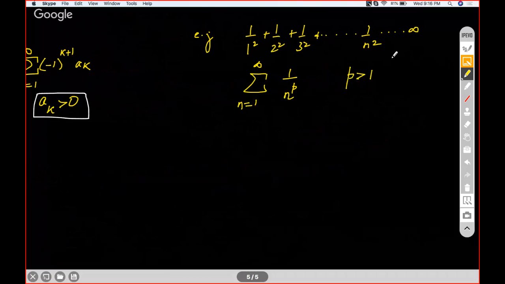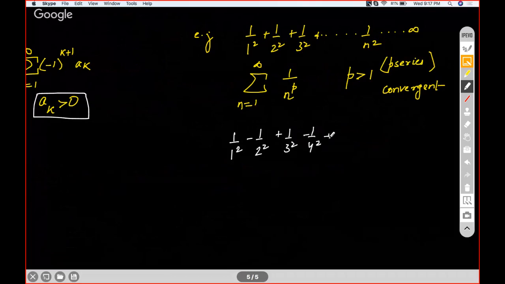So this is a p series, and a p series is known to be convergent when p is greater than 1. So even if you take the alternating sign between the terms, that means minus 1 to the power n plus 1 by n square, and so on, this will also be convergent, and such convergence would be called an absolute convergence.